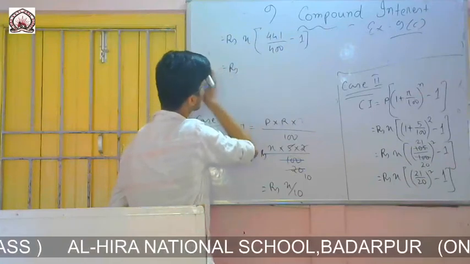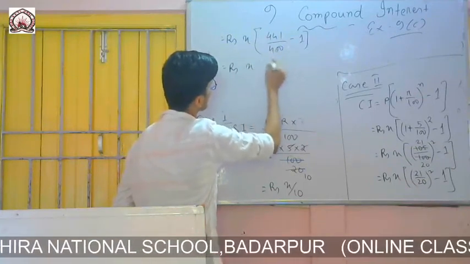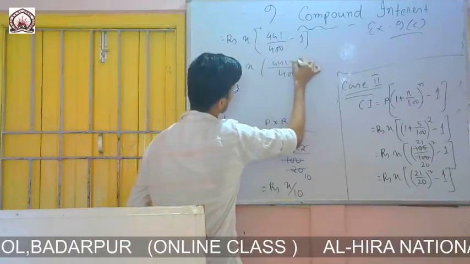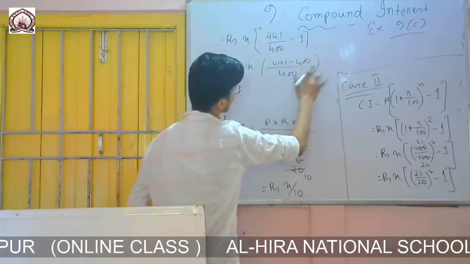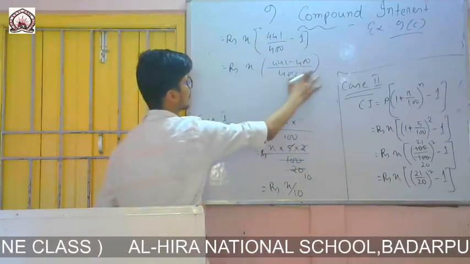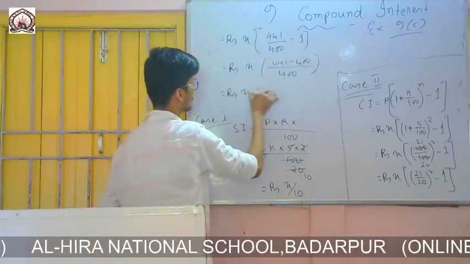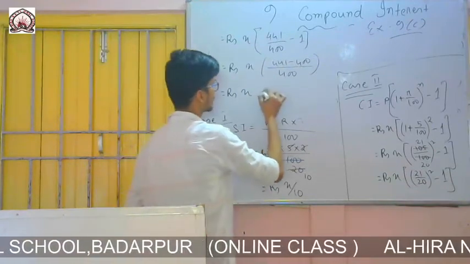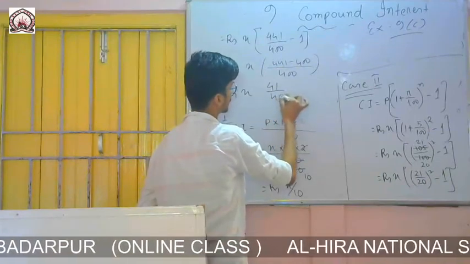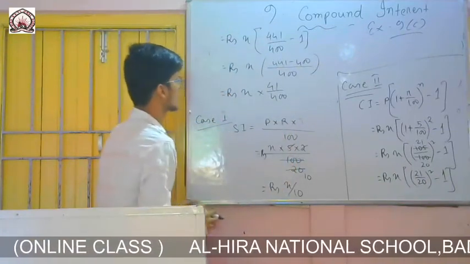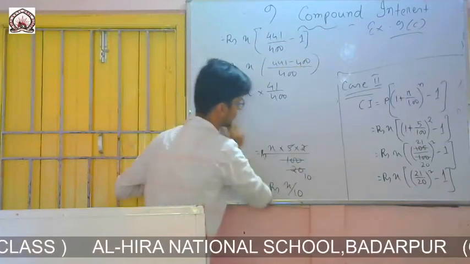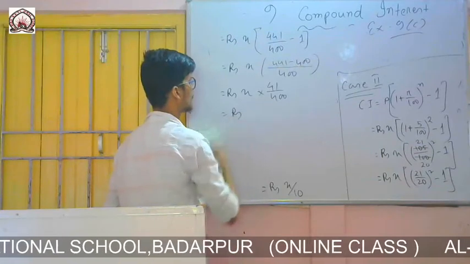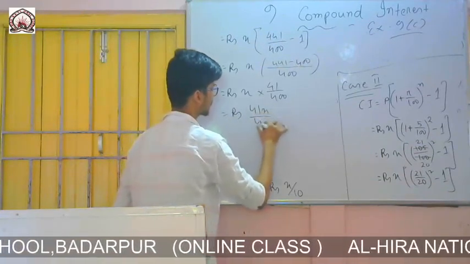Which equals rupees x into, taking the LCM, 441 minus 400. That means 41 by 400. X into 41 by 400, which equals rupees 41x by 400.